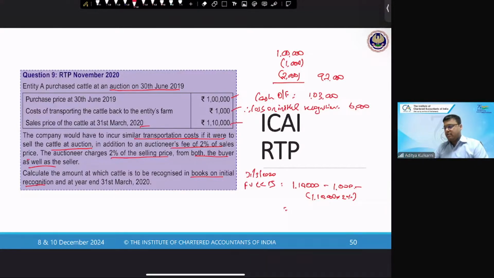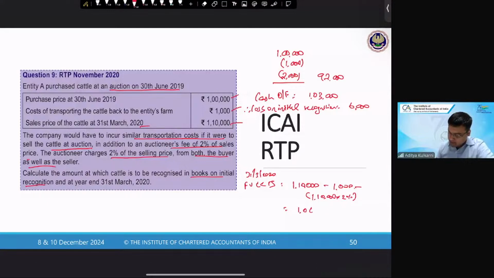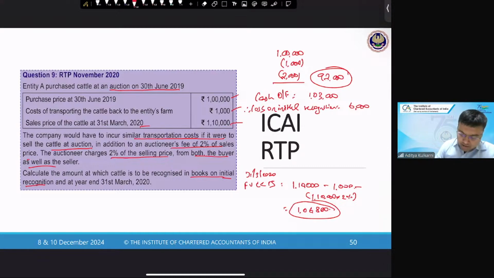So 1,10,000 minus 1,000 minus 2,200, that comes to 1,06,800. Initial recognition, we record at 97,000. And on 31st March 2020, 1,06,800. Is it okay?